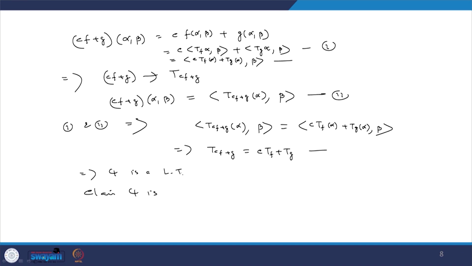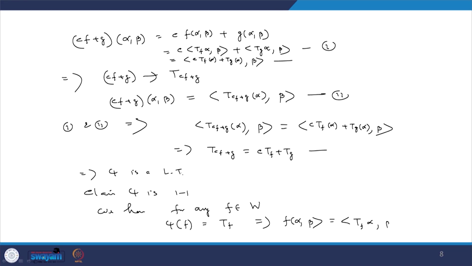Now, claim is psi is one-one. We have for any f belonging to W, psi of f equal to T_f. So, this implies that f of alpha, beta equals inner product of T_f alpha, beta.